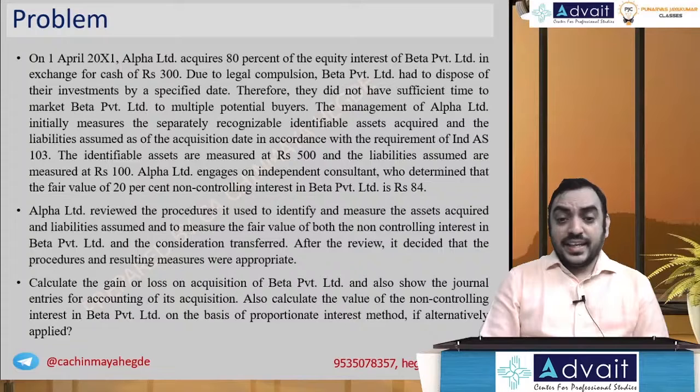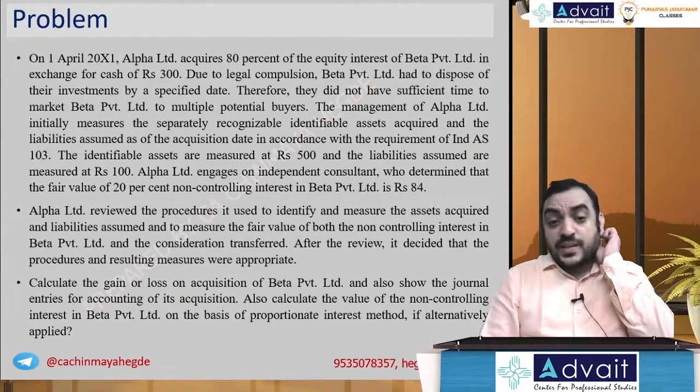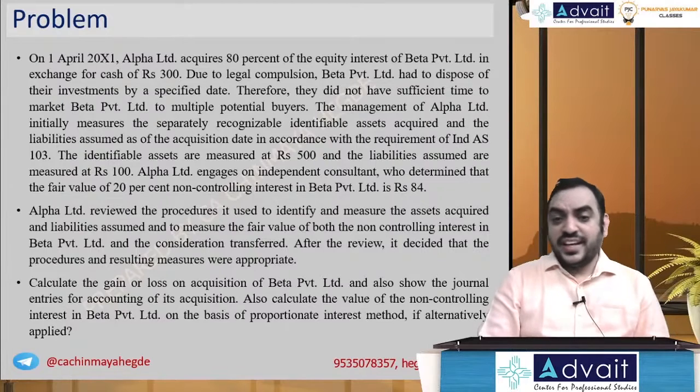Alpha Limited engages an independent consultant who determined that the fair value of the 20% non-controlling interest is rupees 84. Alpha Limited reviewed its procedures used to identify and measure the assets acquired and liabilities assumed, and to measure the fair value of both the non-controlling interest in Beta Private Limited and the consideration transferred.